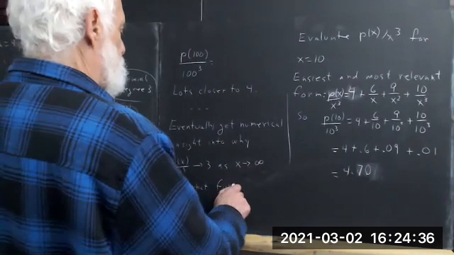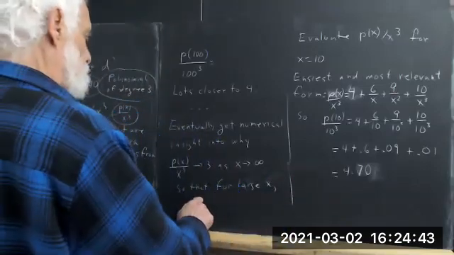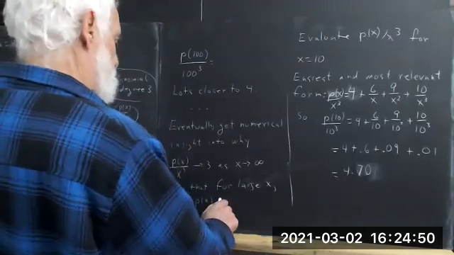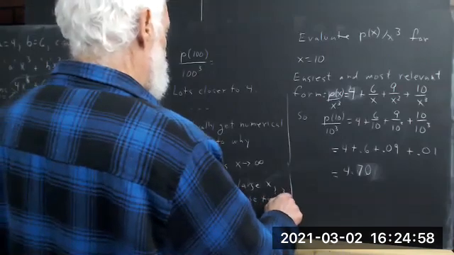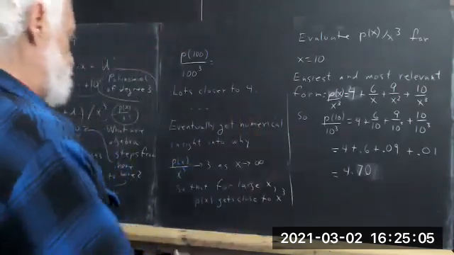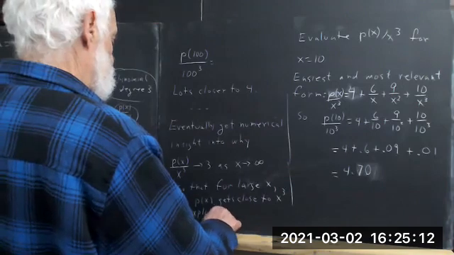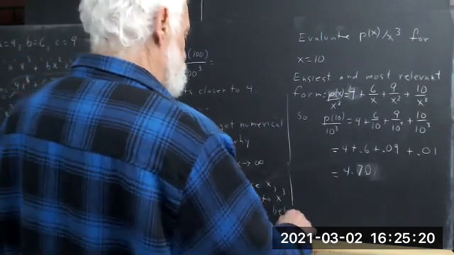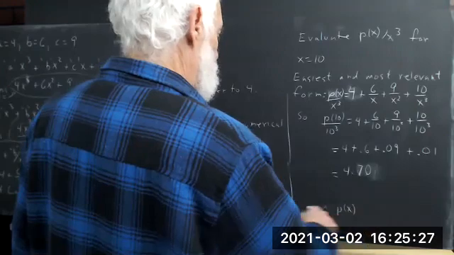So that for large X, P of X gets close to X cubed, and that explains the long run behavior of P of X.